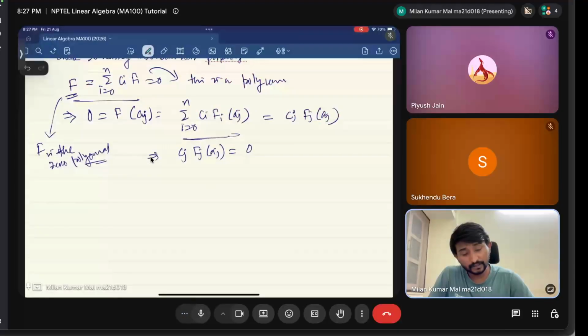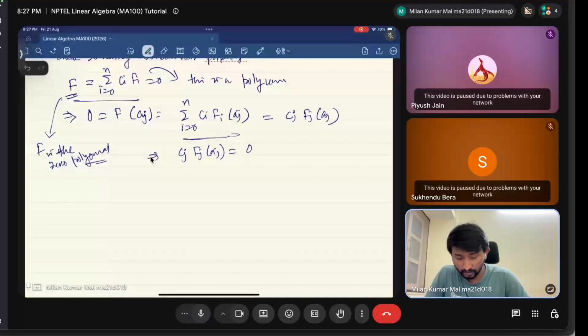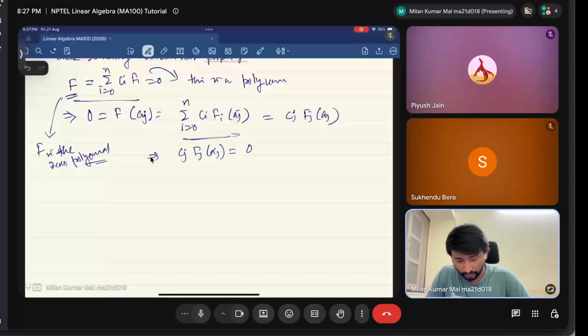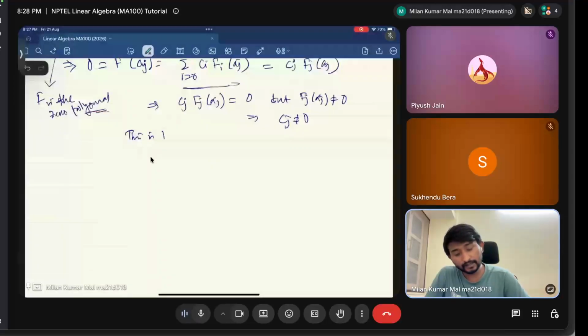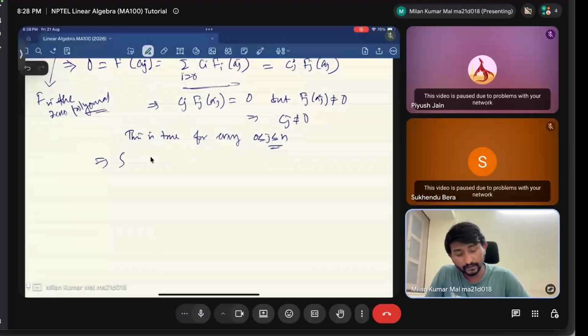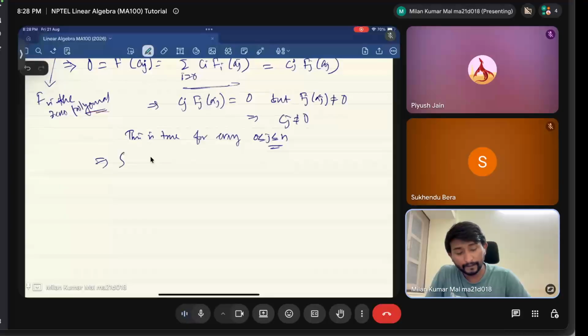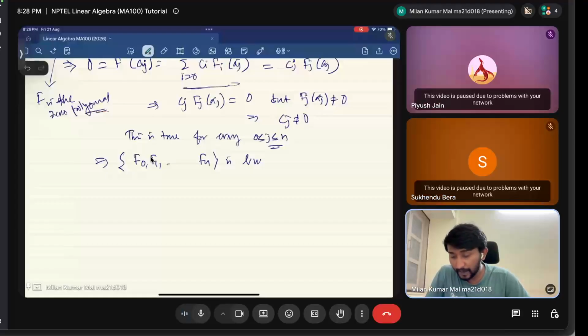This is true for every j from 0 to n. So the set f0, f1, all the way to fn is linearly independent. This is clear.